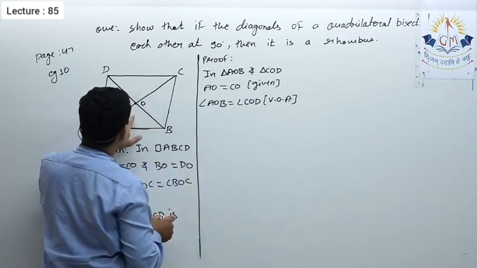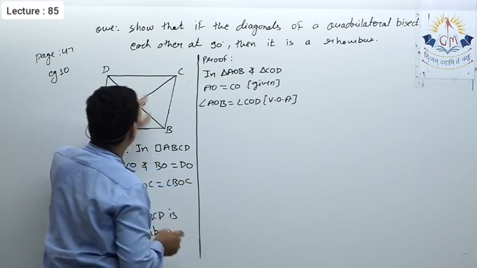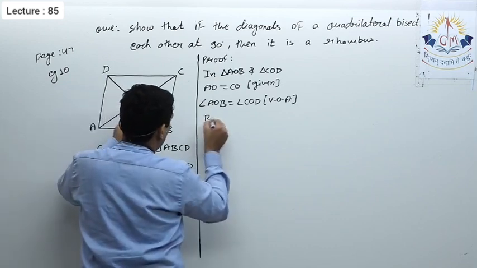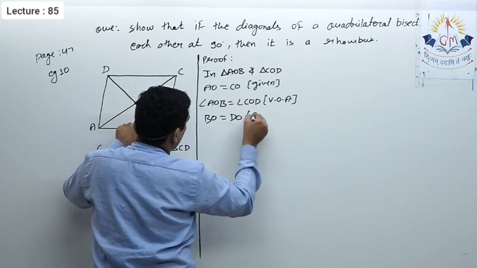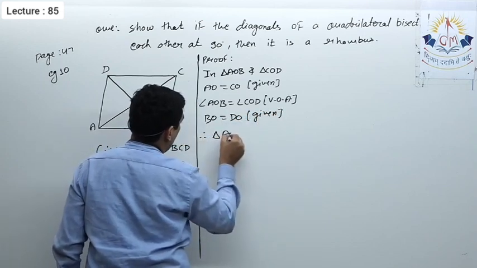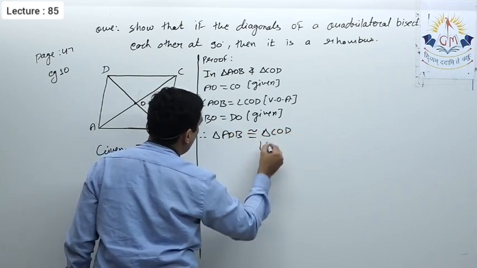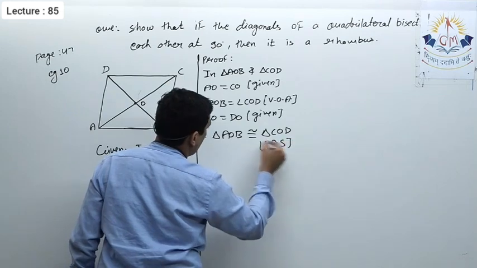Now BO is equal to DO, again it is given. So I will say therefore triangle AOB is congruent to triangle COD by side angle side.